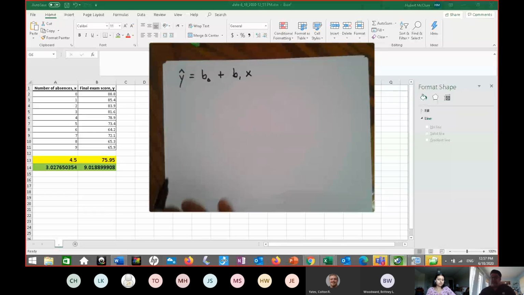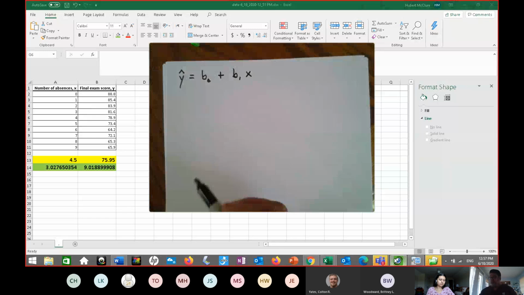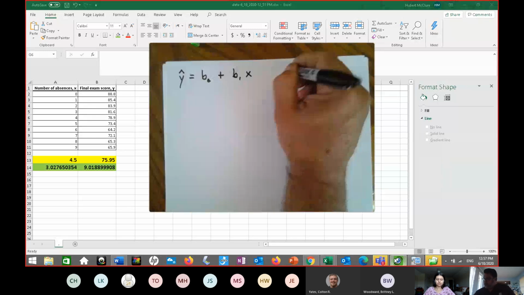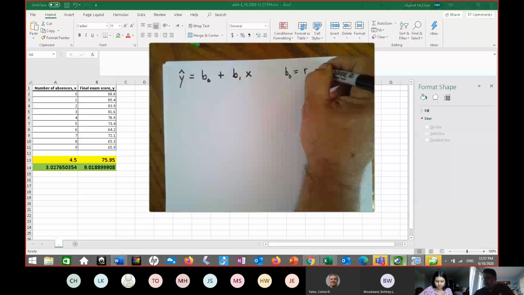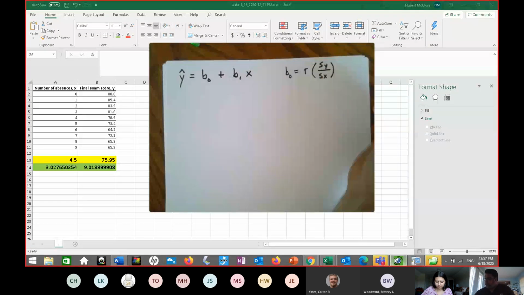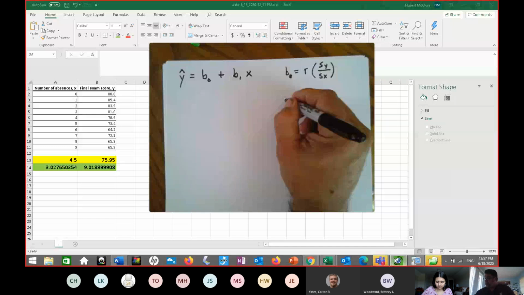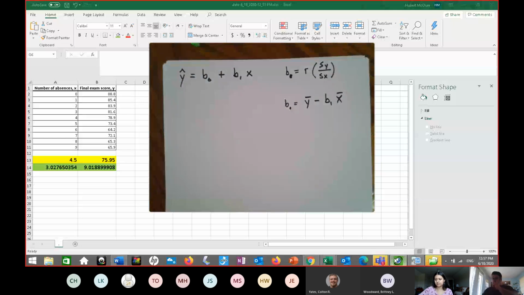So in statistics, you have to hold your pinky up and you have to do y hat is equal to b sub 0 plus b sub 1 times x, where b sub 1 is equal to r times the standard deviation of y over the standard deviation of x. And b sub 0, which is your y-intercept, is equal to y bar minus b sub 1 times x bar. So we got to do b sub 1 first.